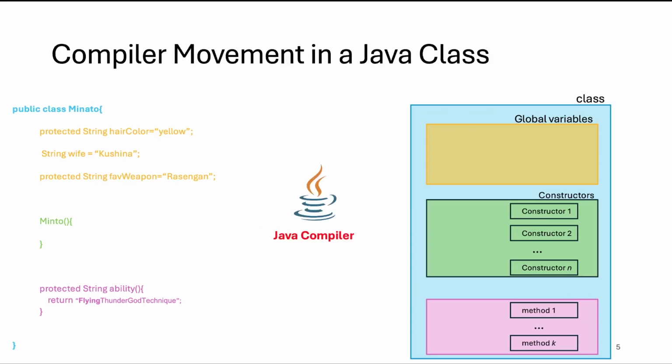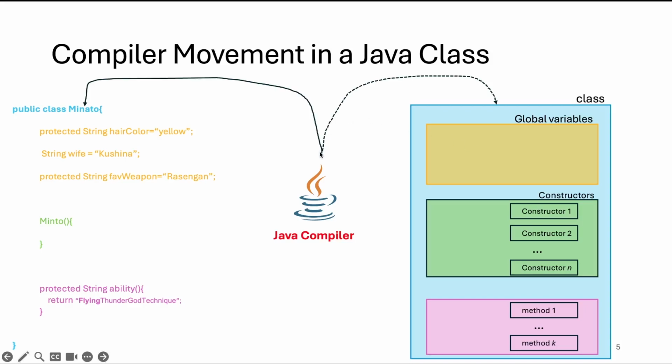Now, let us see how a Java compiler moves. The Java compiler first visits the class. As you can see here, the Java program is first visiting the Minato class.